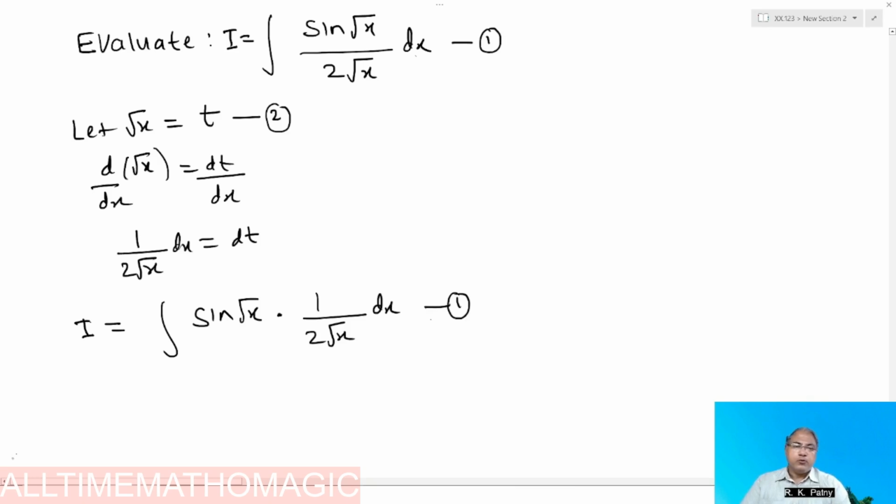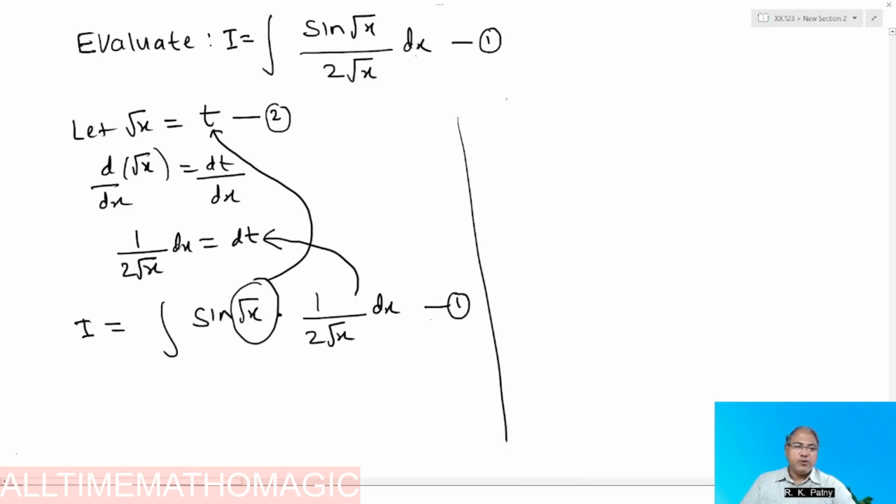Now 1 upon 2 root x dx can be replaced by dt, because 1 upon 2 root x dx is equal to dt, and this root x can be replaced by t. Therefore the given problem is converted to sine t and dt.